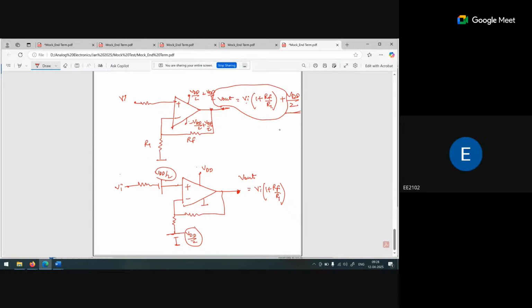Now what should I do? If in this particular circuit I use a VI plus VDD by 2, then what is the output voltage? It would be VI plus VDD by 2 times 1 plus RF by R1 plus VDD by 2.